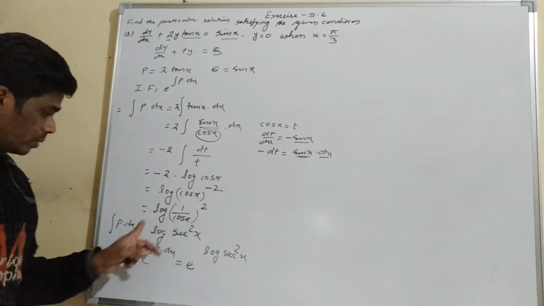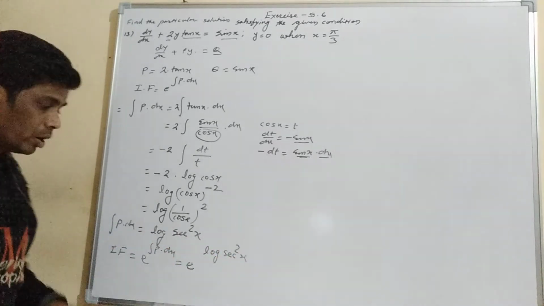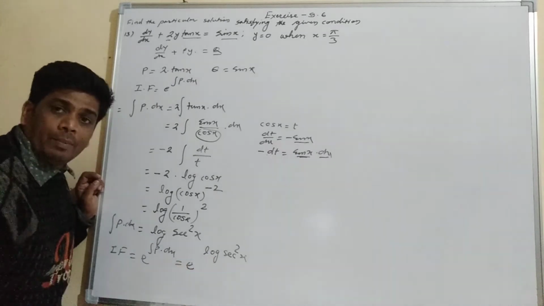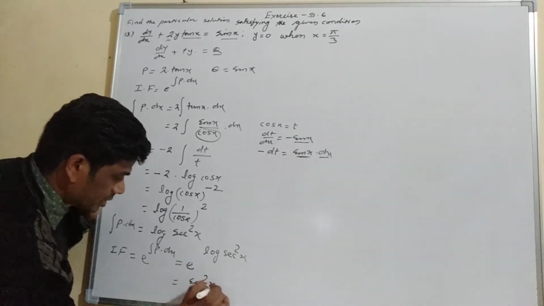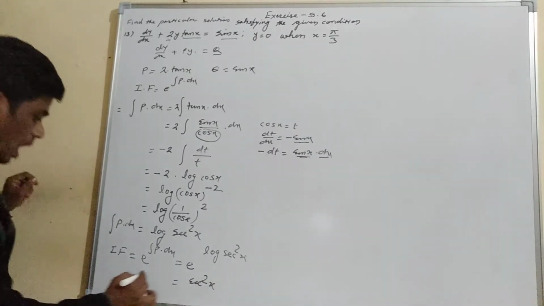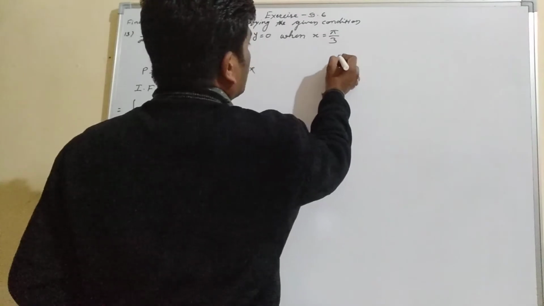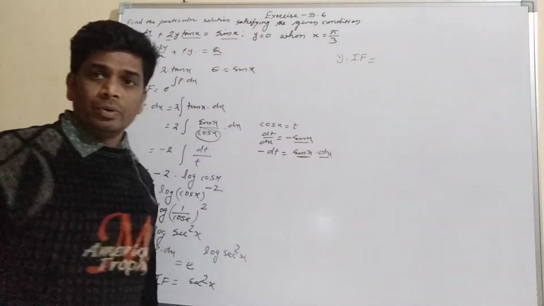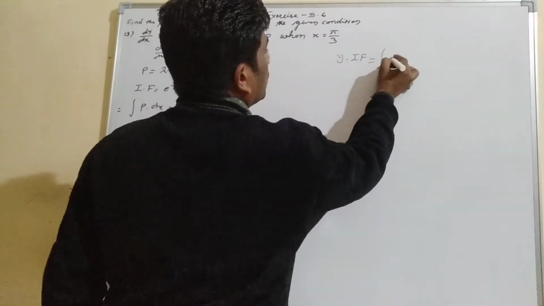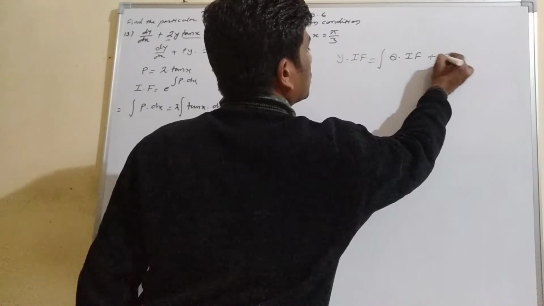This e and log will be removed, so you will get sec square x. This will be IF. Now we have to find the solution. So y into IF equals the integration of q into IF plus c.